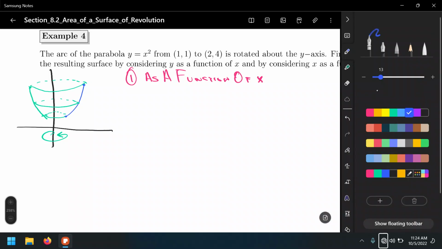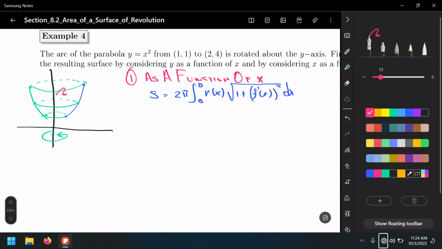So number one, we're rotating this region about the y-axis. That means the radius r, when we set up the integral, S equals 2 pi integral from a to b, because it's a function of x, of r of x times the square root of 1 plus f prime of x quantity squared, with respect to x.